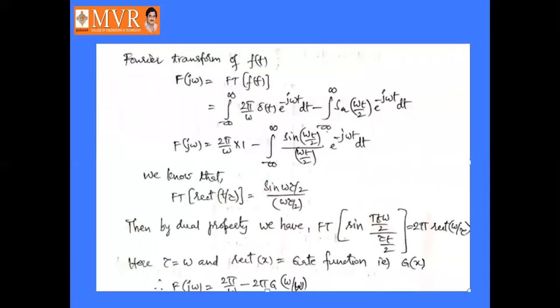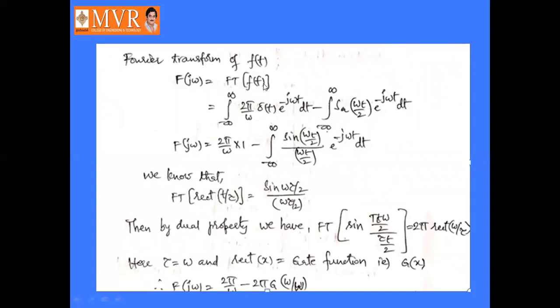The Fourier transform of f of t is F of j omega, that is the integral from minus infinity to infinity of f of t into e power minus j omega t dt. So that is the integral of 2 pi by omega into delta of t into e power minus j omega t dt, minus the integral from minus infinity to infinity of Sa of omega t by 2 into e power minus j omega t dt.